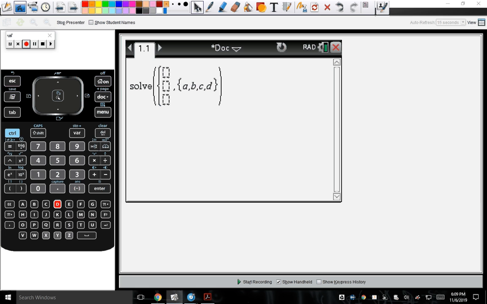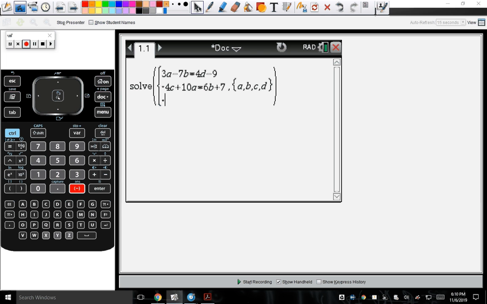Okay, here we go. Now we're going to type it in just like we see it on our paper. 3a minus 7b is equal to, and the equals button is right here underneath control, 4d minus 9, and then down arrow, negative 4c plus 10a is equal to 6b plus 7.